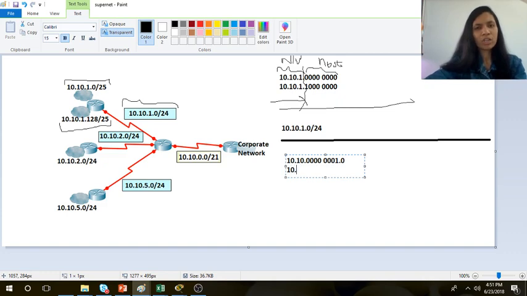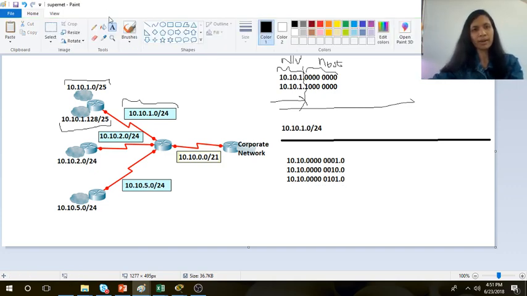Then I have 10.10.2, which is 00000010.0, and I have 5, which is 10.10.00000101.0.